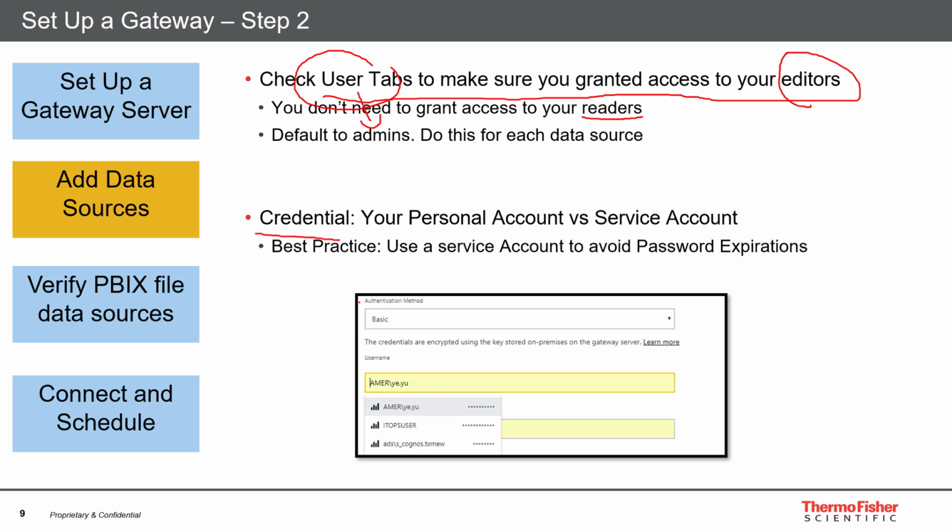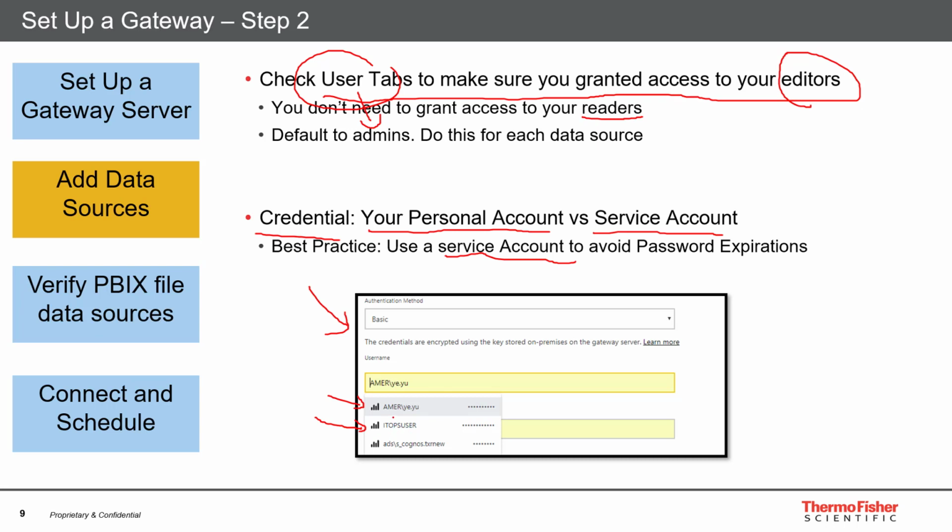You can see here, this is a screenshot of the data gateway. There are some questions regarding whether you want to use your personal account or get a service account for your credential. The best practice is to use a service account. Here I can choose whether to use my personal account in this data gateway server to access my resource, or a service account.